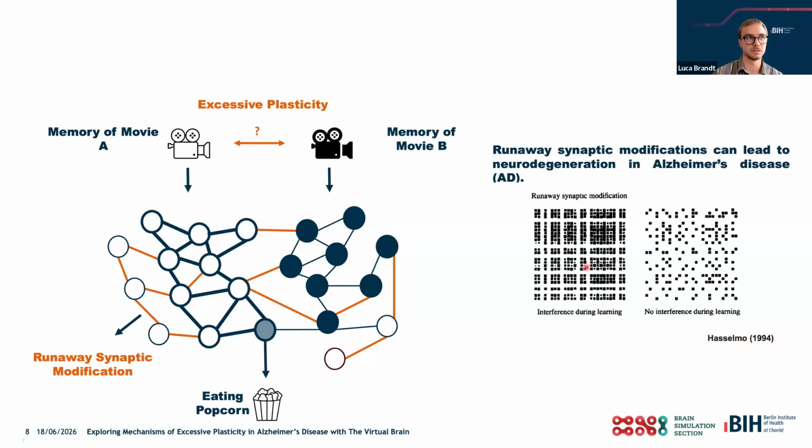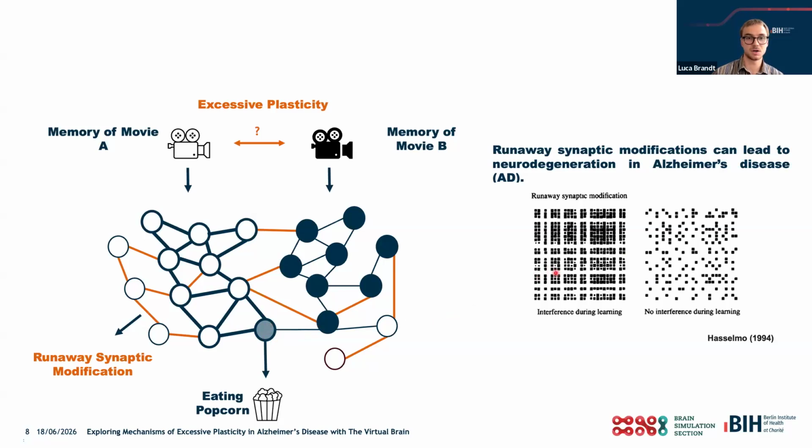It was a bit like a Hopfield network where they gave an input, and after Hebbian plasticity, there would be an output of which connections are strengthened. And if there's interference during learning, it's exactly what I showed you here with the overlap of connection. So they interfere with each other.